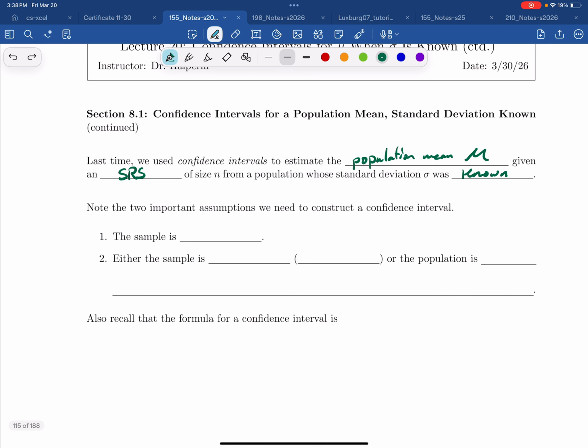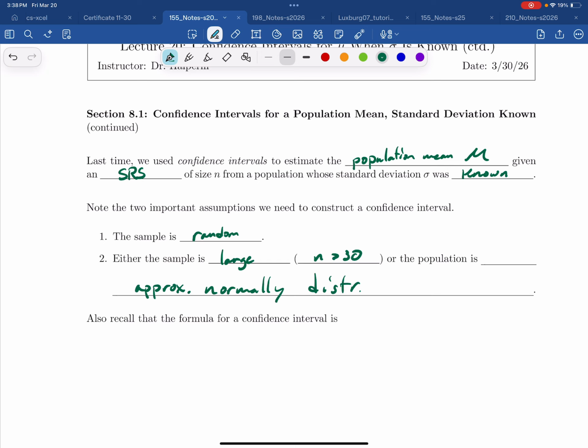All right, now two things we need to assume in order for us to be able to do this process. Number one, the sample is random, not convenience, random. And then either the sample is large, which means over 30, or the population is approximately normally distributed.